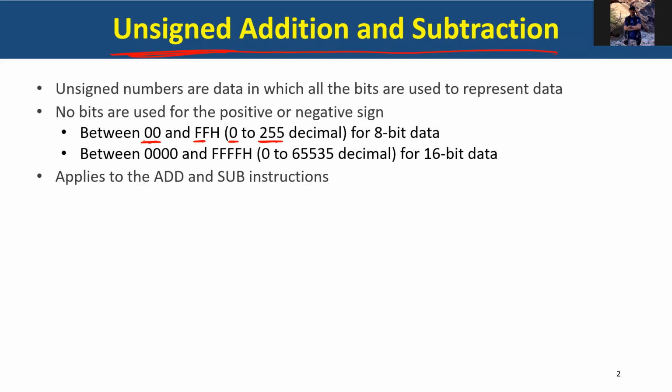And for 16 bits, you can represent the numbers from 0000, of course hexadecimal, until FFFF hexa, which is 0 to around 65,000 as decimal. Okay, and as we said, we're going to illustrate the add and subtract instructions with these unsigned numbers.